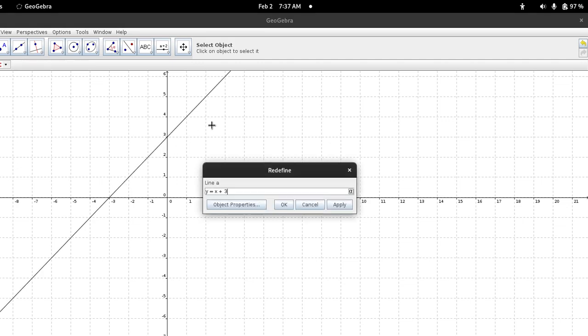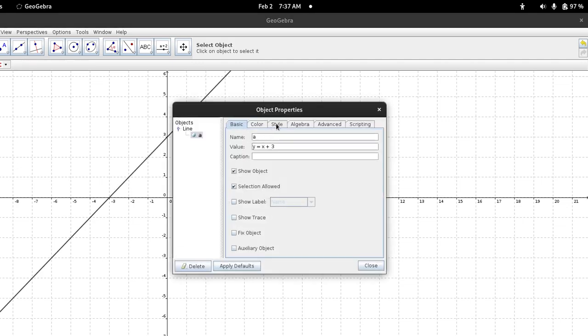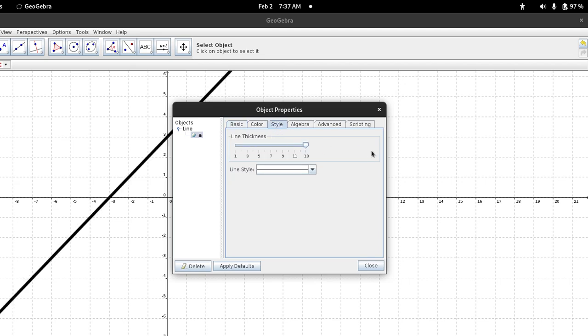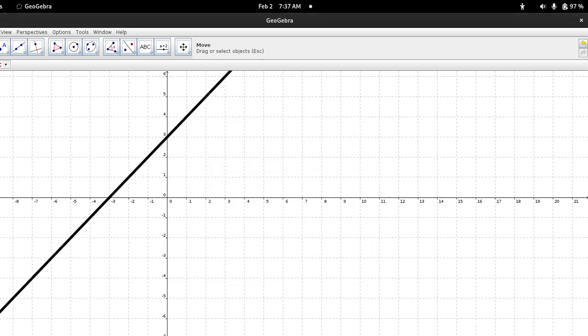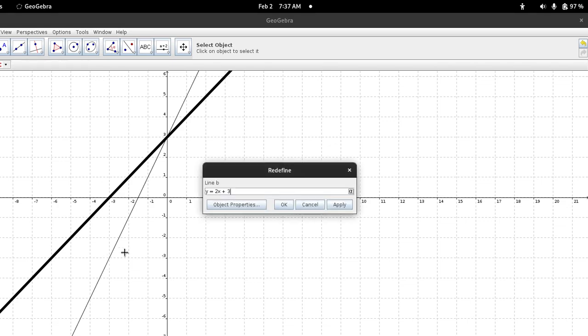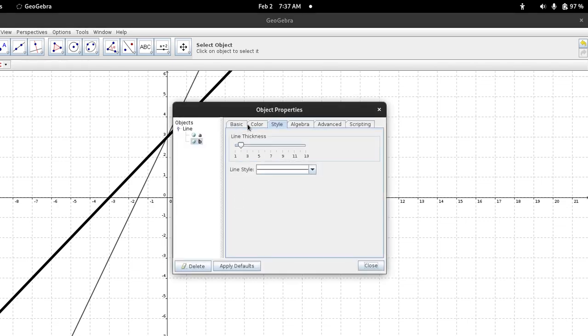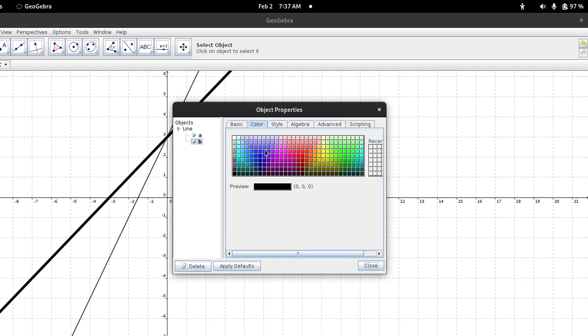Right, so that is our curve, y equals x plus 3. Let me make it thicker. Let me also put in y equals 2x plus 3.